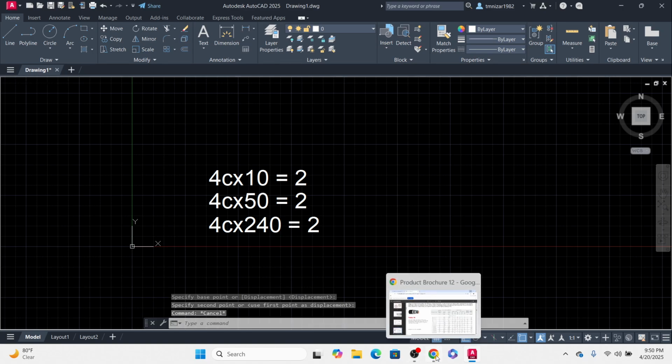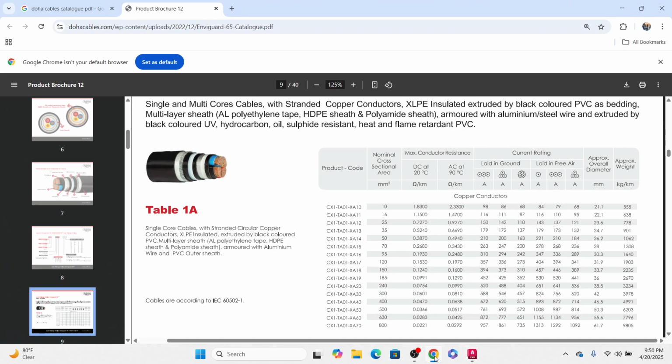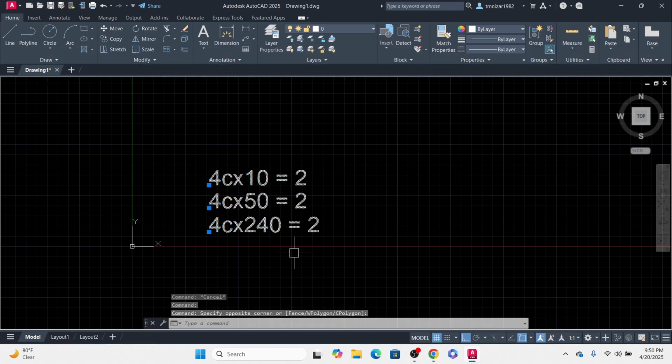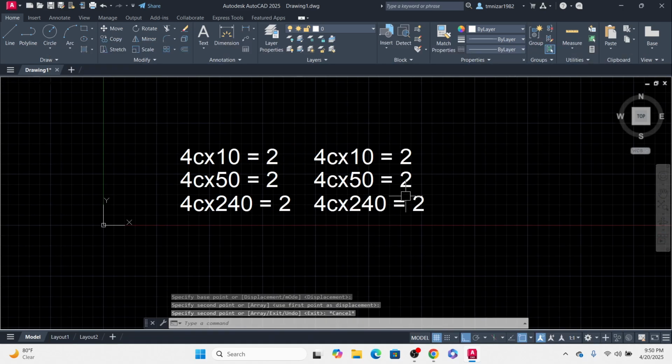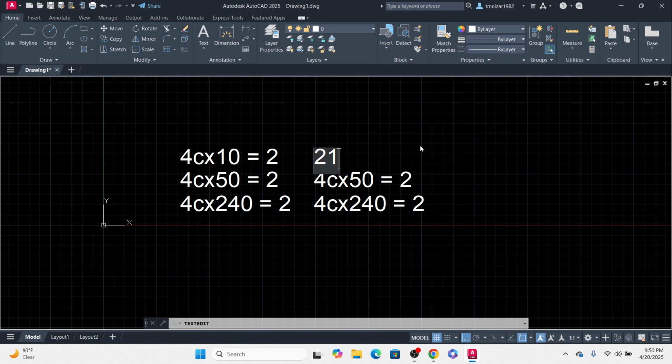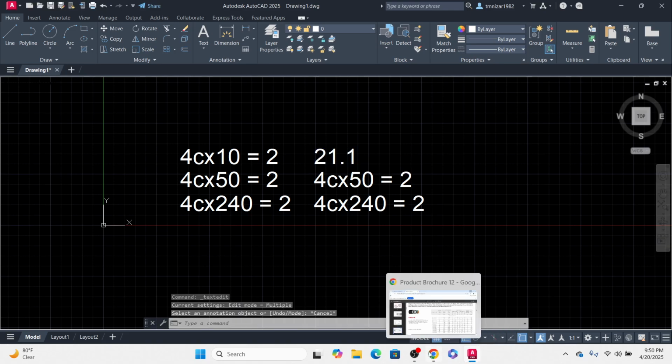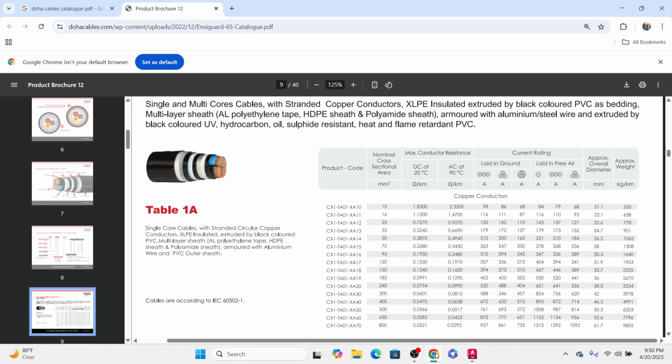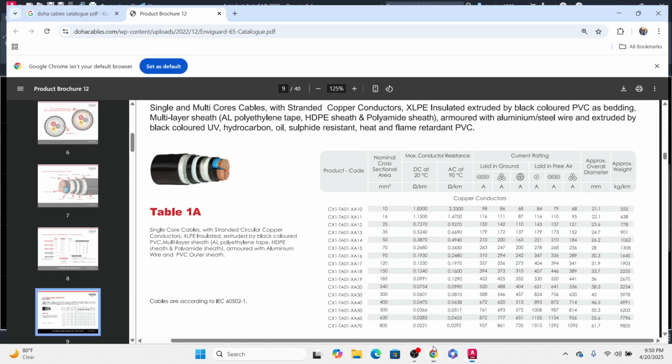So I have to take the overall diameter. For 10, how much overall diameter do I have? 21.1. So let's copy this one, 21.1. Then for 50, meaning this one, 26.2.